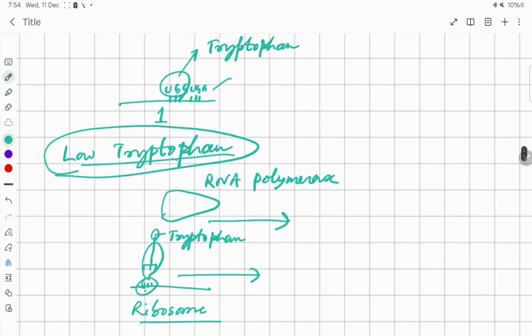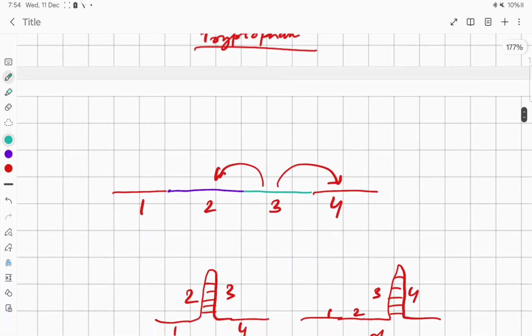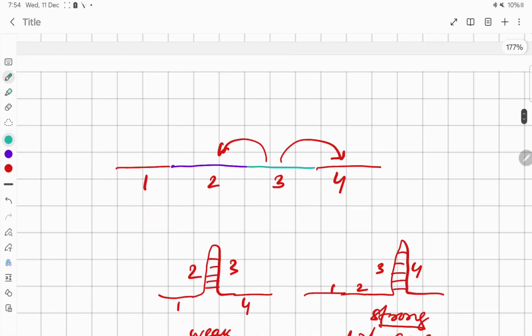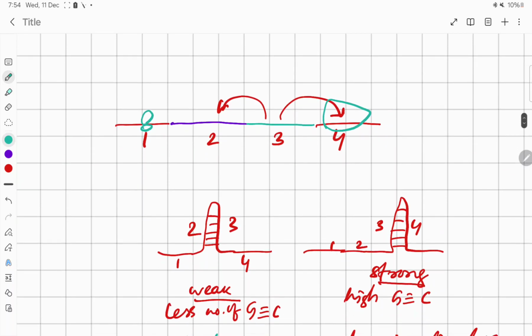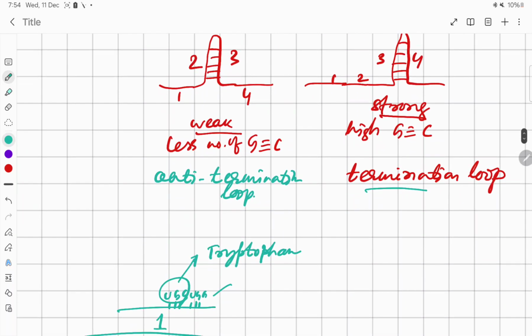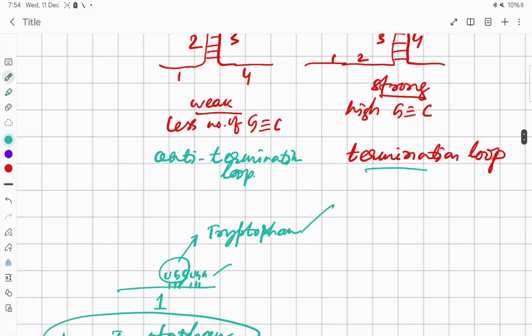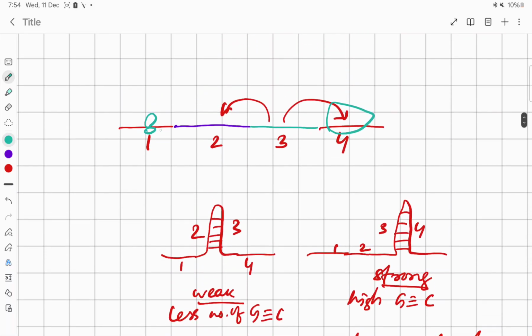So suppose here in the structure, the RNA polymerase is now at sequence 4, whereas the ribosome is still at sequence 1 because there is low tryptophan and it is waiting for the synthesis of tryptophan, because this sequence 1 has codons for tryptophan.